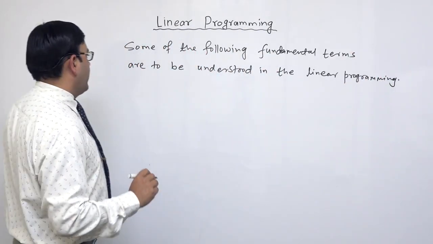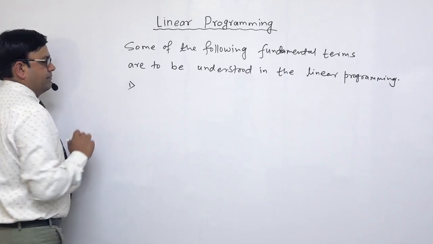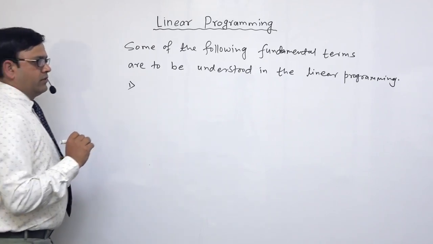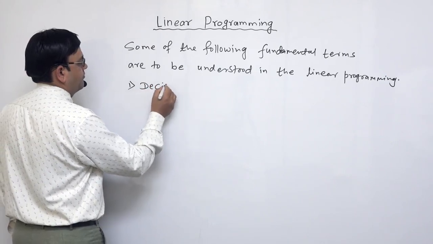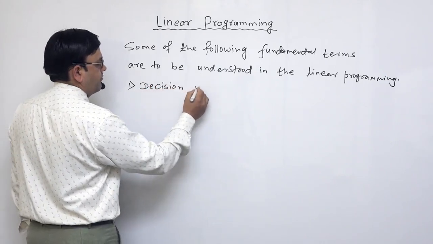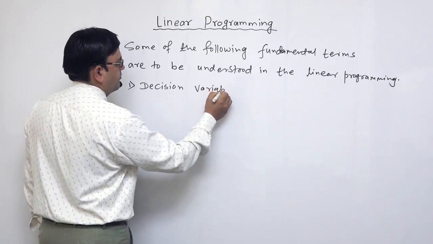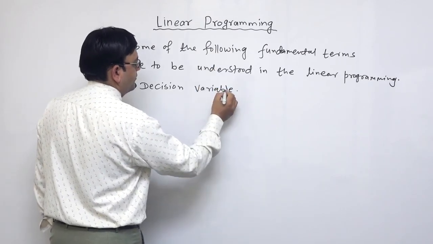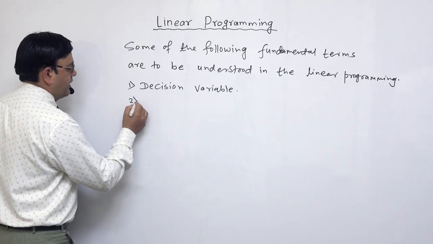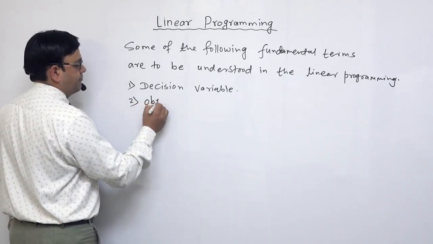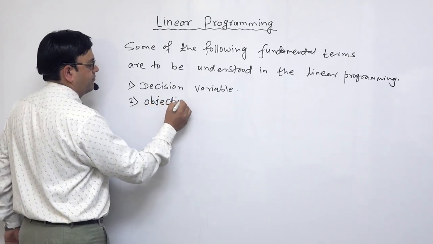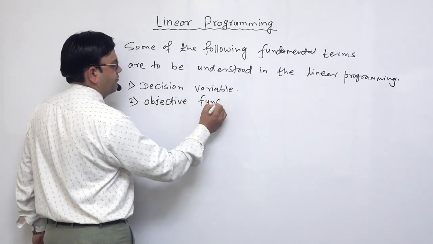The first one is decision variable. The second one is objective function.